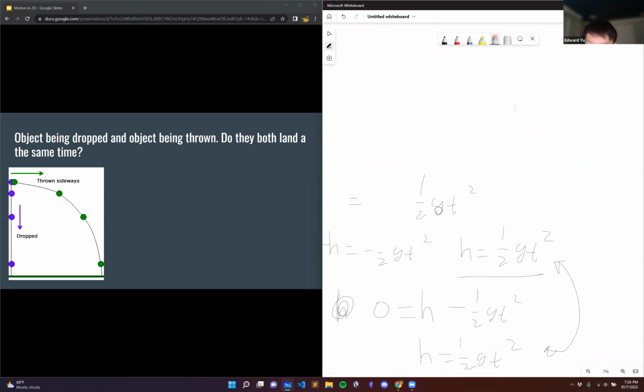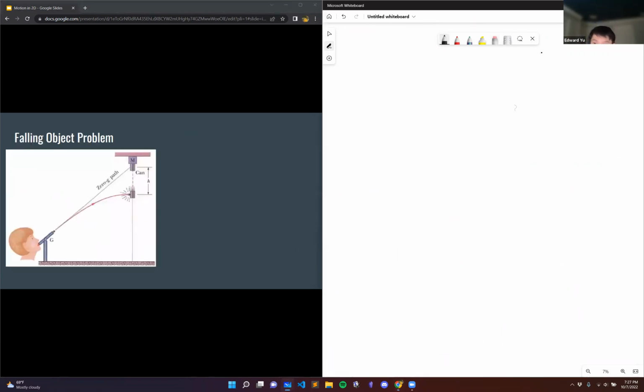So that's that question. And I think I have time to explain this final question right here. So this is the following object problem. As you can see in this diagram, a projectile is being shot like this. And then there's a can. Don't worry about that mouse right there.